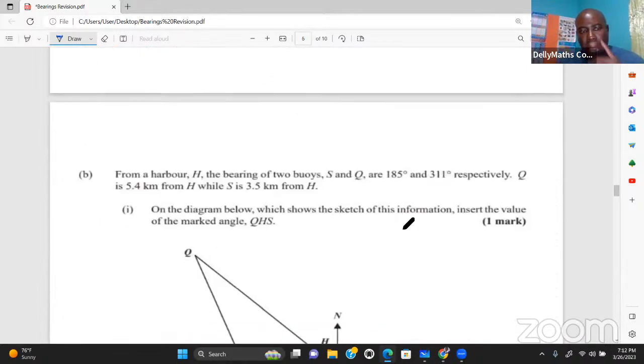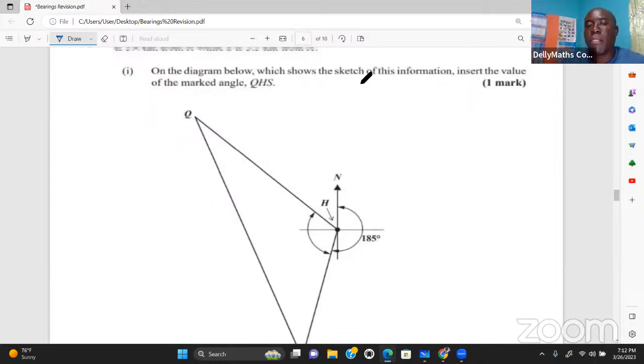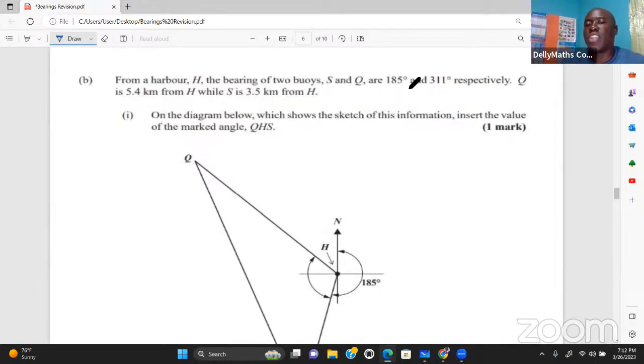All right, let's continue. We have more questions. So this question says, from Harbor H, the bearing of two buoys S and Q are 185 and 311 degrees respectively. The 185 is there.